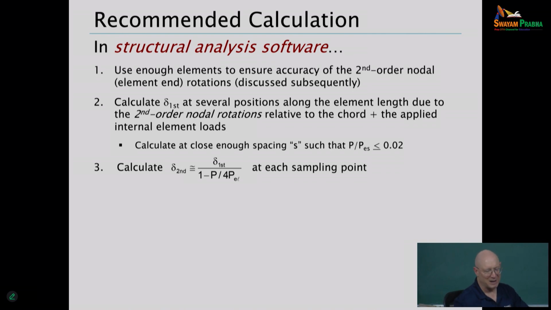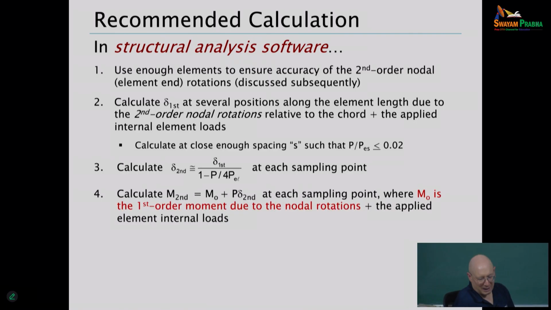Now that you're treating everything as essentially a fixed solution relative to that, which would have a K of 0.5, giving you a 4 times PEL. And once you have that delta second, you just use the fundamental calculation of M second is M naught, the first order solution between the nodes, plus P times delta second.